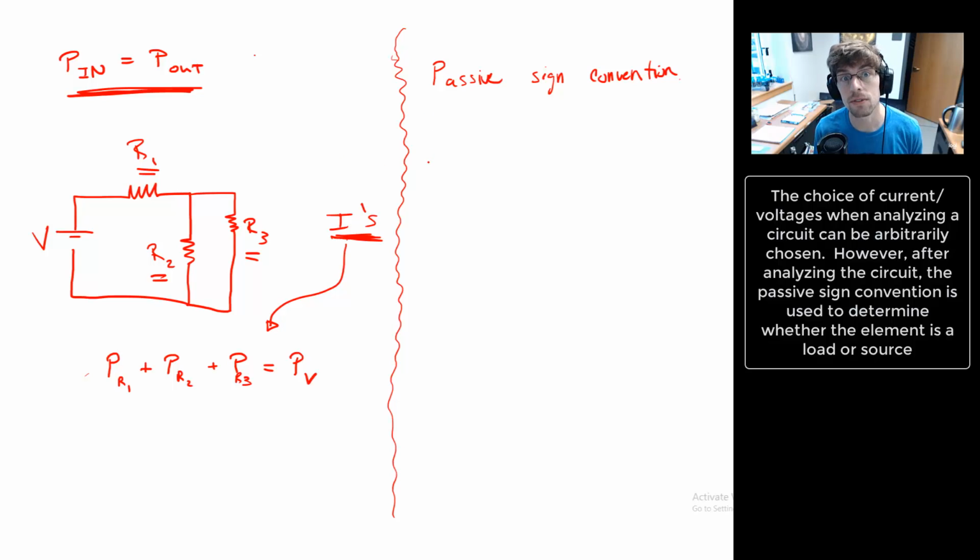And the passive sign convention simply helps you know which side of the equation to put an expression. Do I put it on the, I guess I call it P in, but I could say P provided, or do I put it on the power expended side?